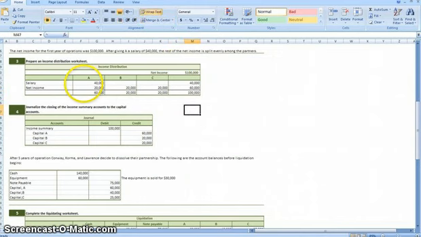Partner A is going to get a salary of $40,000, which leaves us with $60,000 left to distribute, and we're going to distribute that $60,000 evenly, $20,000 to each partner. So after we distribute the net income, partner A is going to get $60,000 of that 100. Partners B and C are going to get $20,000 each.